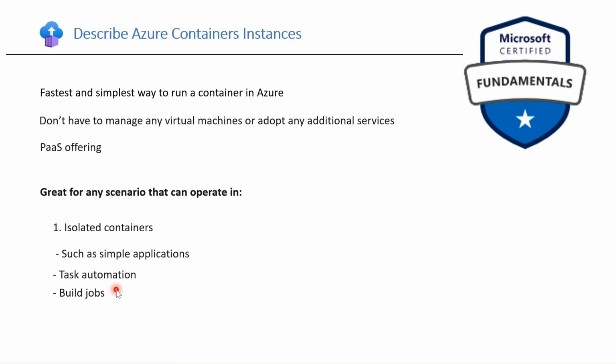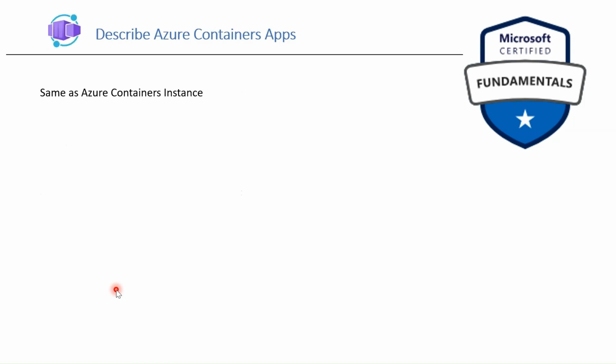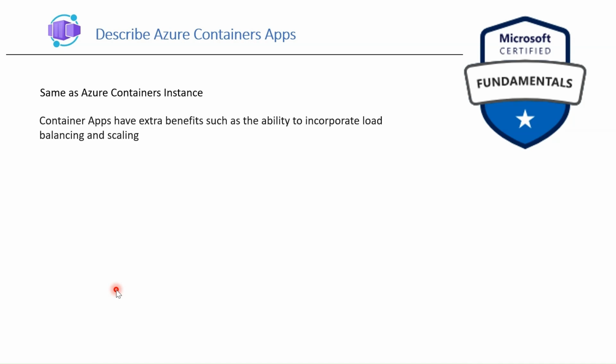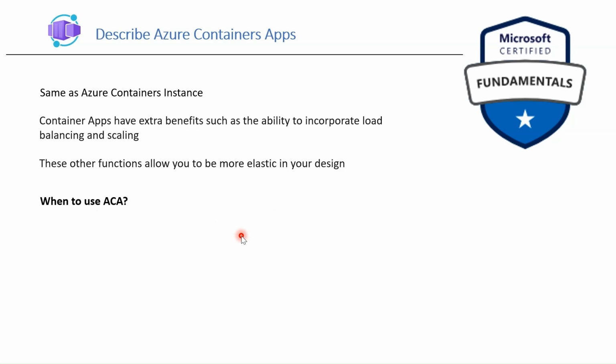All right, now let's take a look at Azure Container Apps. It's the same as Azure Container Instance, but it has additional benefits, such as the ability to incorporate load balancing and scaling. The other functions allow you to be more realistic in your design. All right, so when to use Azure Container Apps?